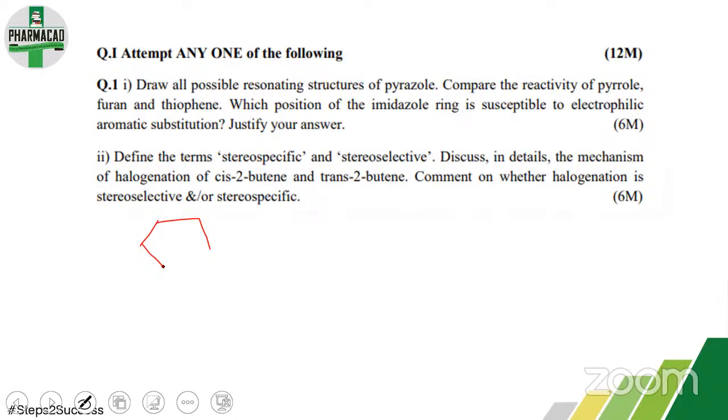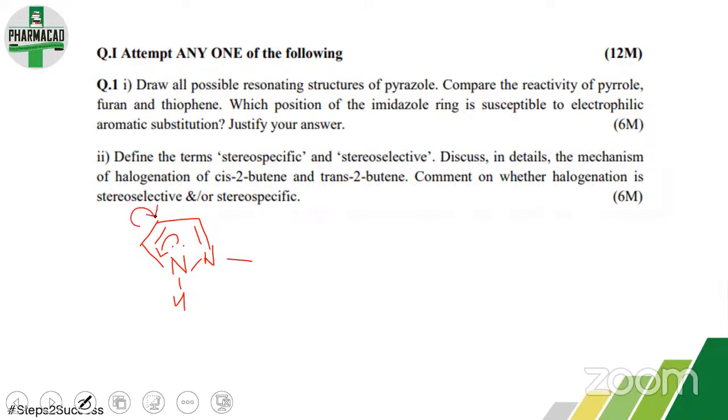I'll tell you how to start the resonating structures, and from which nitrogen you have to start, whether this one or this one. The NH has the lone pair which can delocalize, so we have to start from this nitrogen. This lone pair will get shifted over here.